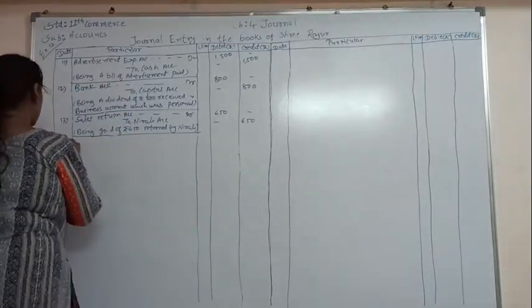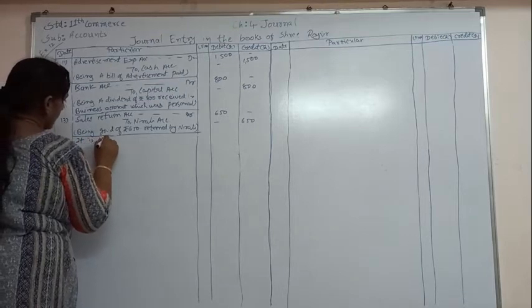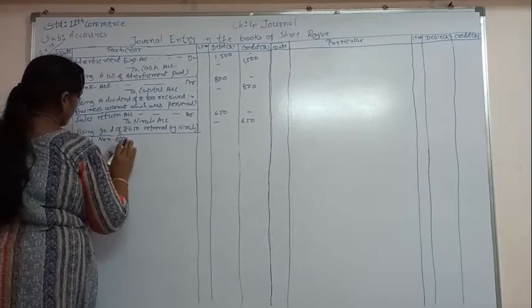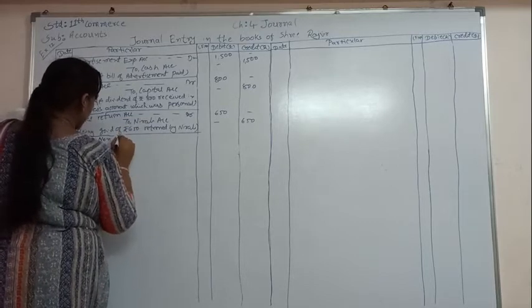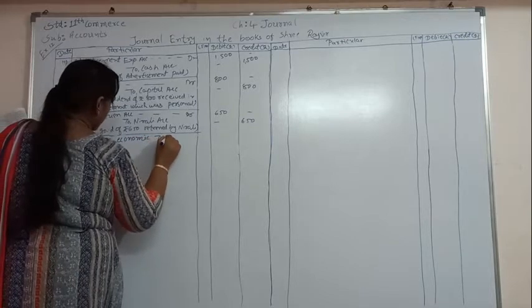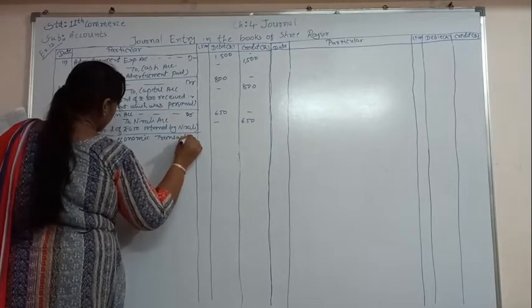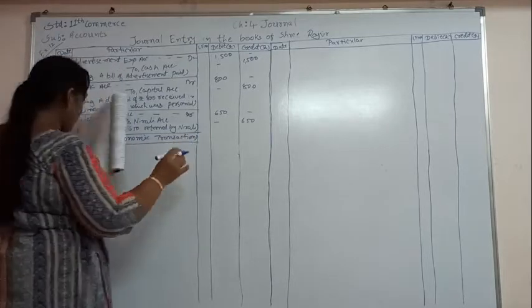So for date 14 it is a non-economic transaction. So that was date number 14.